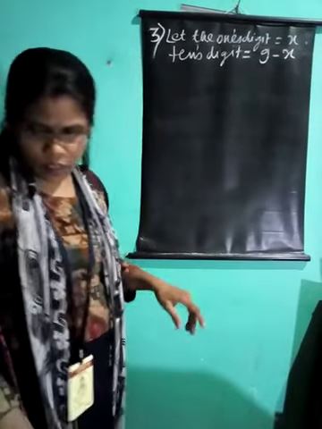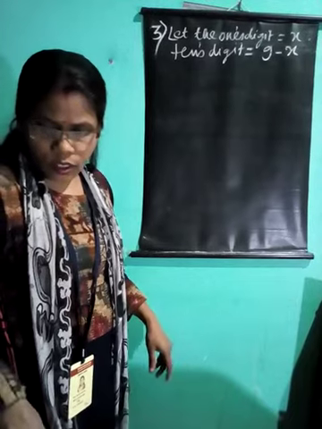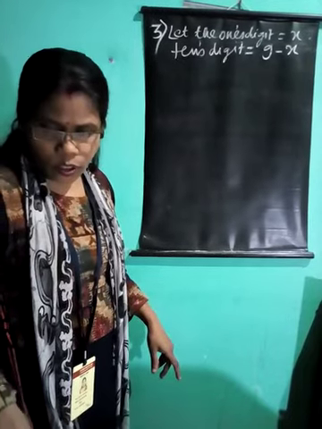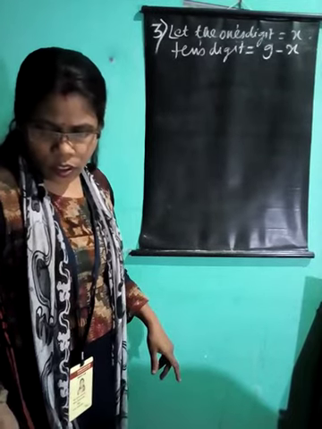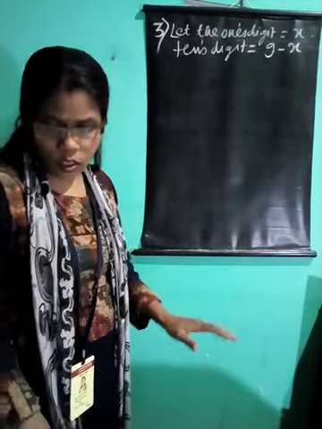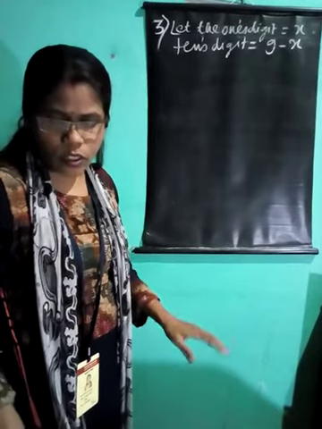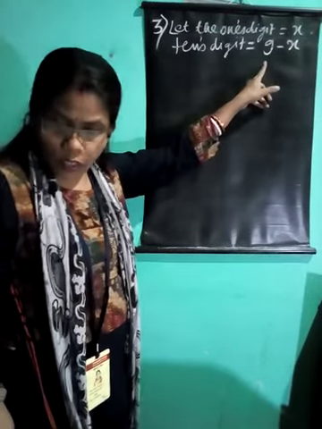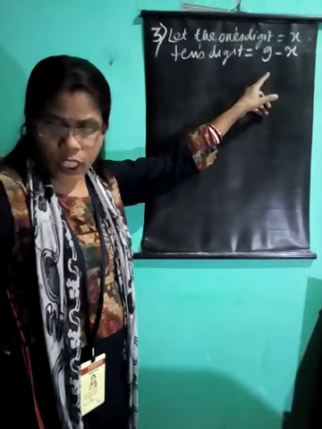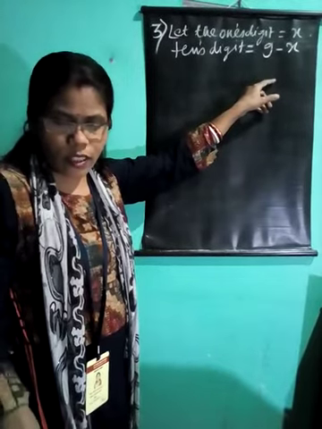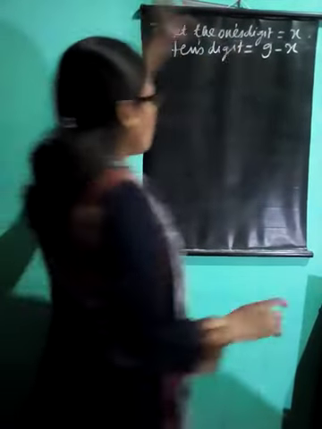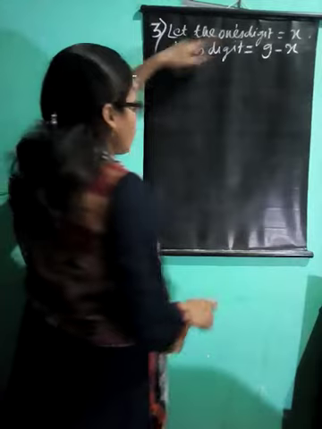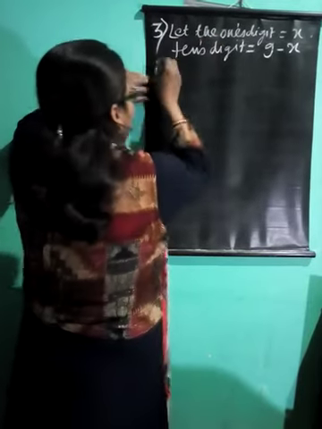Now, after that, the question is another. The sum of the digits of the 2-digit number is 9. Now, when we interchange the digits, it is found that the resulting new number. Now, we have got the ones digit, we have got the tens digit, but we don't know the number.